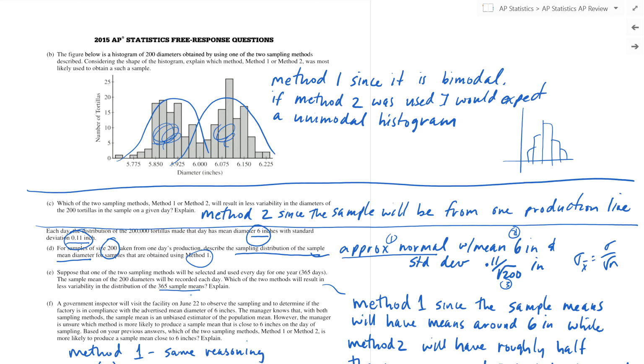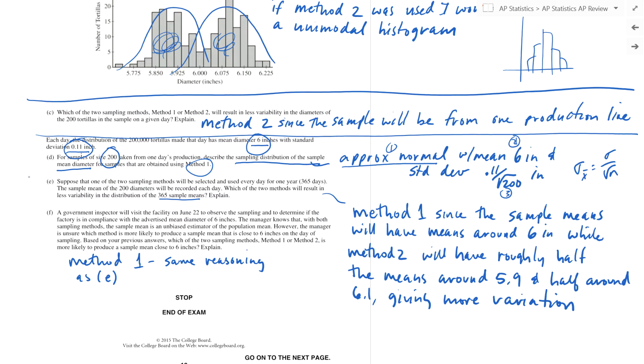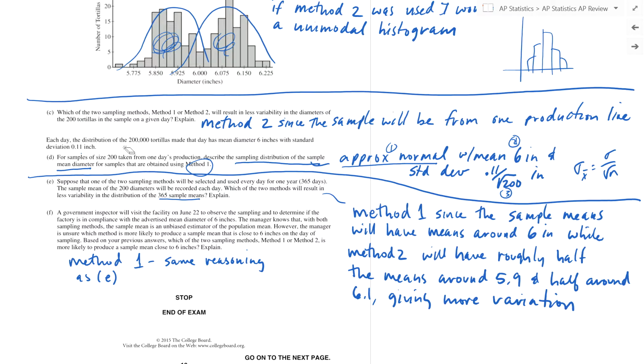Less variability. Well, here you go. Method 1, since the sample means will have means around 6, because that was given up here. Let me erase some of this stuff up here. It says that the population distribution has a mean of 6, standard deviation of 0.11.